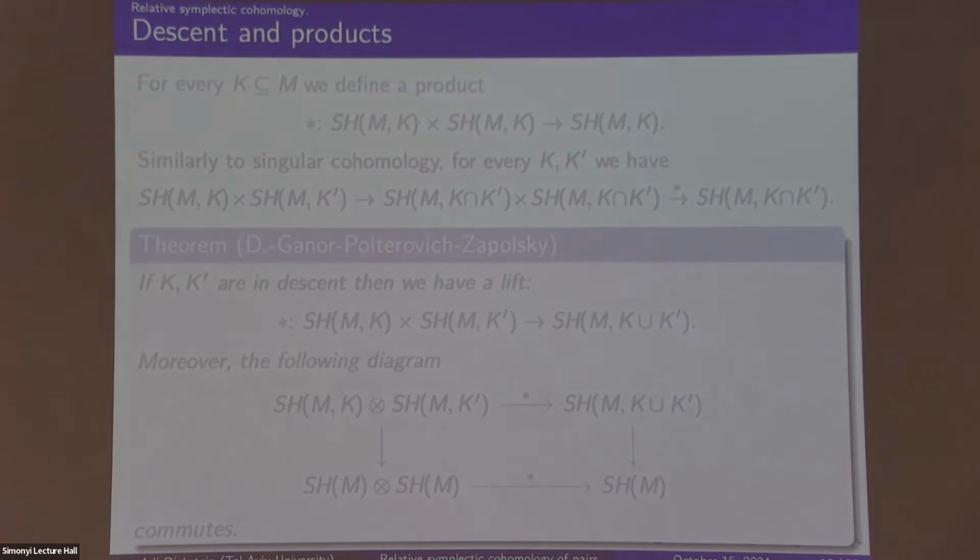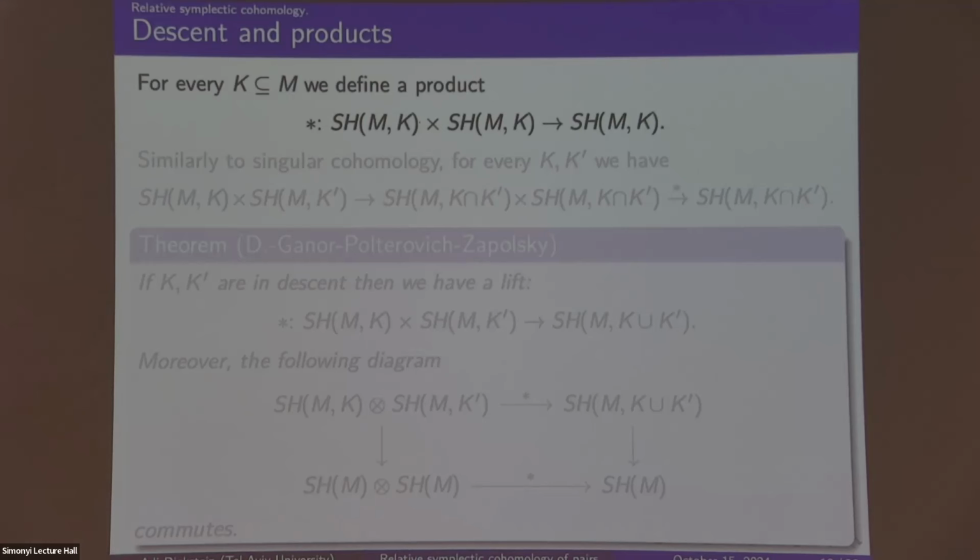Okay, great. So descent and products. In the case of singular cohomology, we know that there is the concept of the cup product, and there is an upgraded version of it in the case of excisive pairs. So we also defined a product on relative symplectic cohomology of pairs.